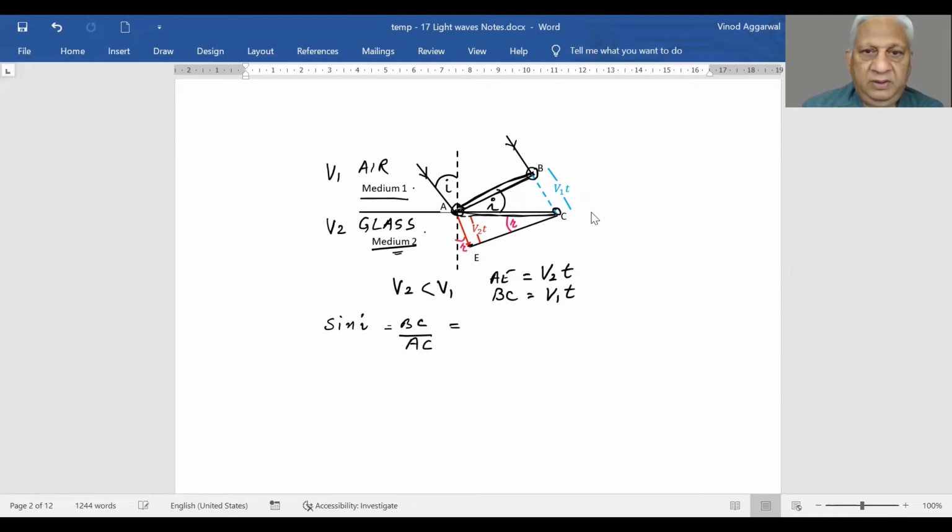And BC we have seen it is velocity times t. AC, let's keep AC as it is. Now we take sine r.